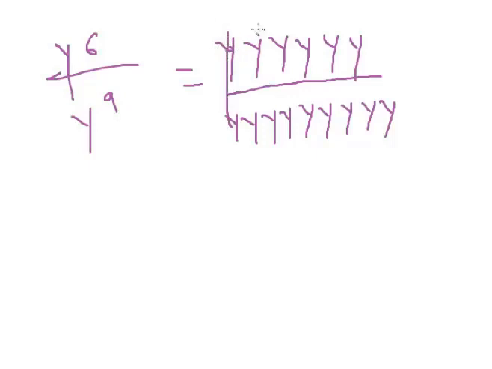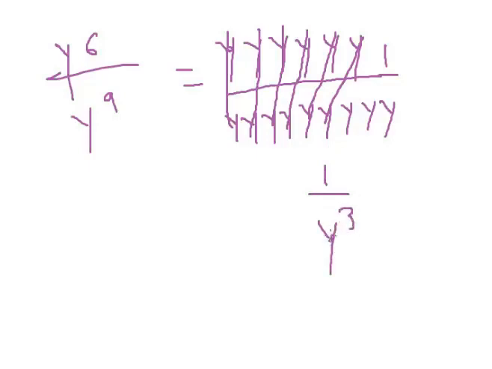So you could have this cancels with this cancels with this cancels with this. And what do you have left? You've got 3 y's in the bottom and nothing on top, so that just becomes a plain old 1. So this is the same thing as 1 over y to the third, because there are 3 y's left, which of course is the same thing as y to the negative third.